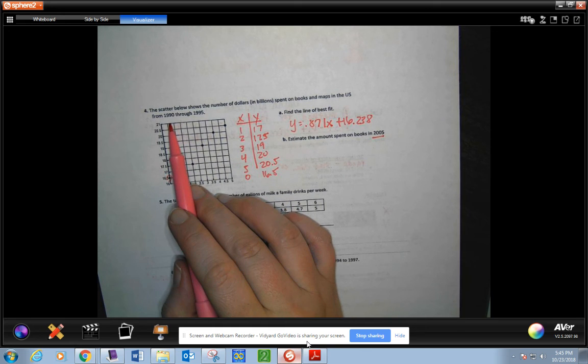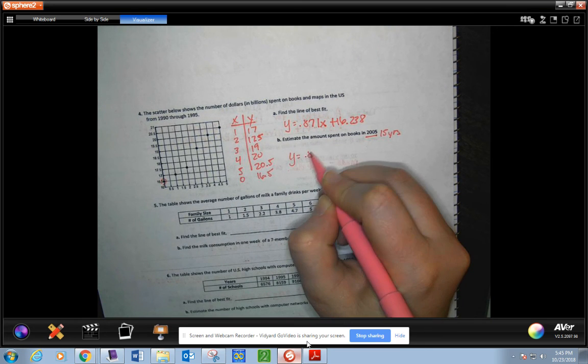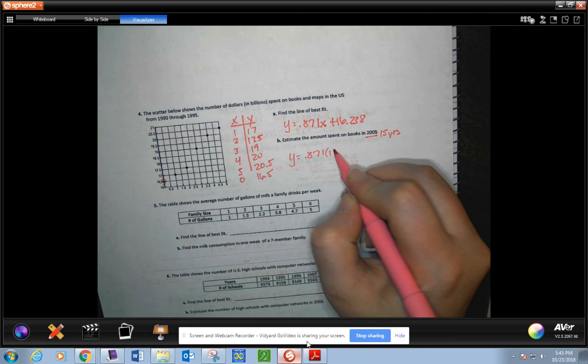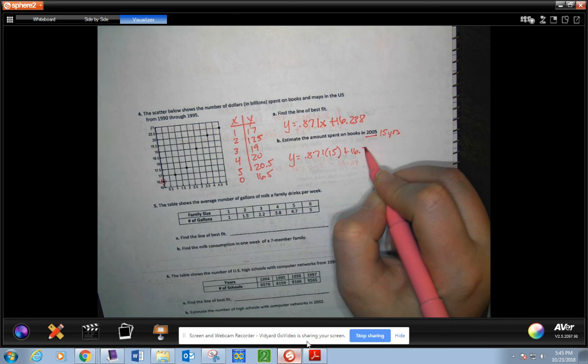Okay, well, 2005, I got to figure out how far away that is from 1990. 2005 is 15 years from 1990. So we're just going to do y equals 0.871 times 15 plus 16.238.